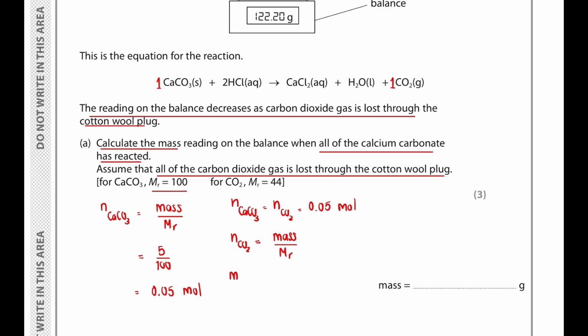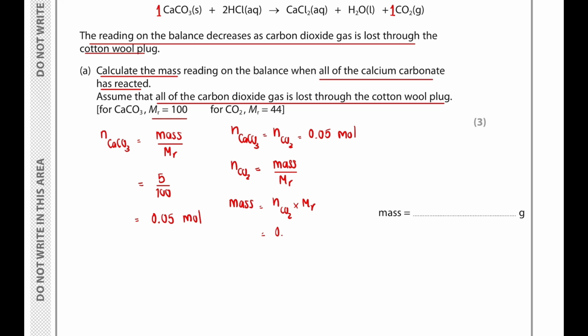So the mass equals the mole of carbon dioxide times Mr. So mole is 0.05 times Mr, which is 44. Therefore, the mass of carbon dioxide is equal to 2.2 grams.